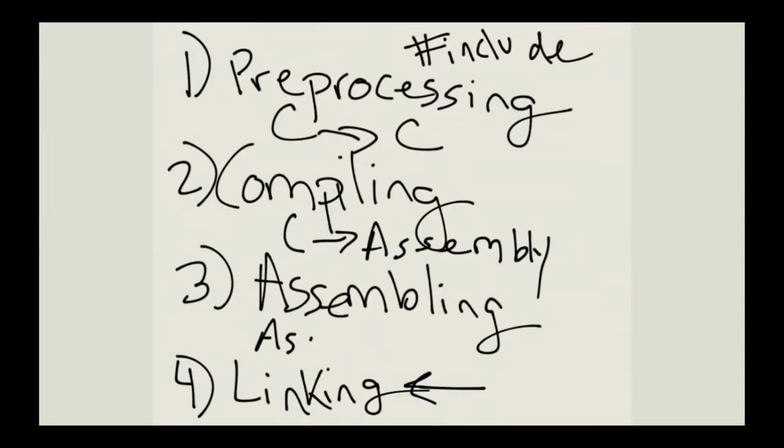So we'll get to that in a second. But first, what is assembling? Assembly to binary. Yeah. Assembling, we don't call it compiling really, because assembly is pretty much a pure translation to binary. There is very little logic in going from assembly to binary.